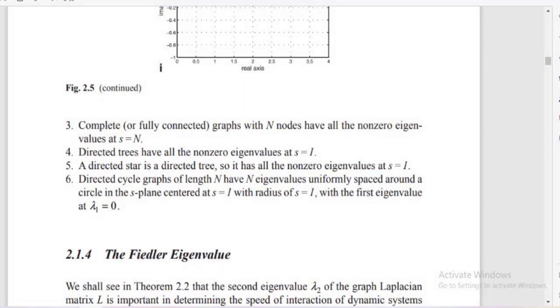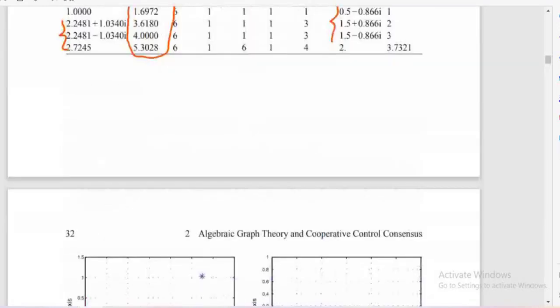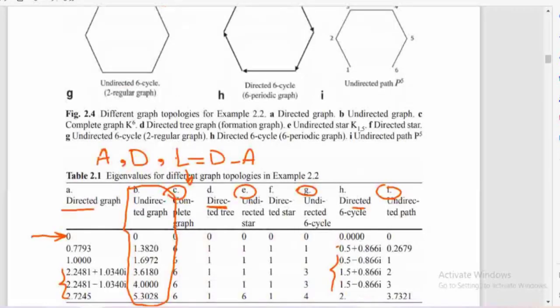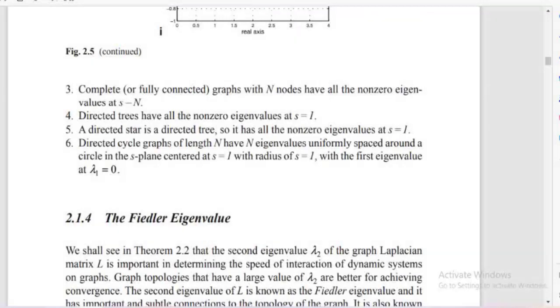If you have a fully connected graph, sorry, if you have a complete graph or fully connected graph with n nodes, we have n minus 1 non-zero eigenvalues.